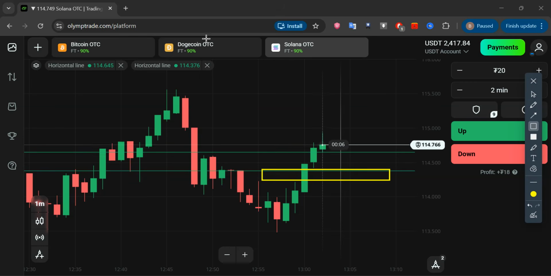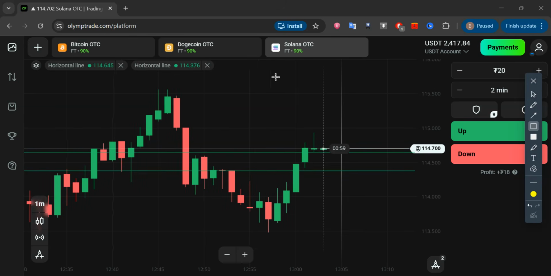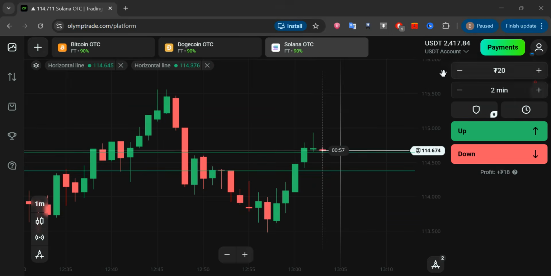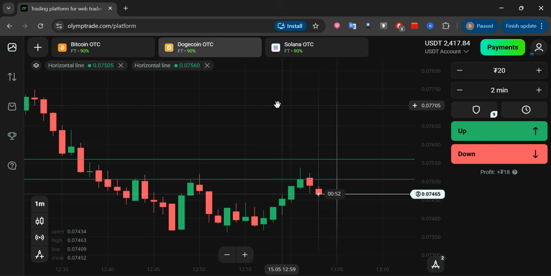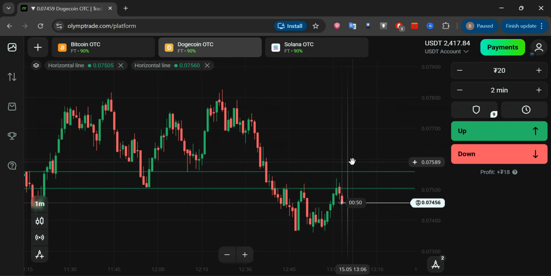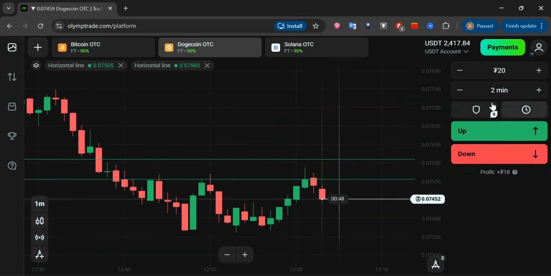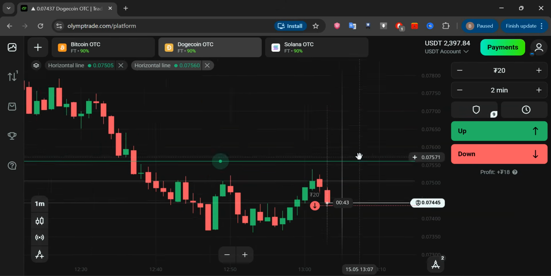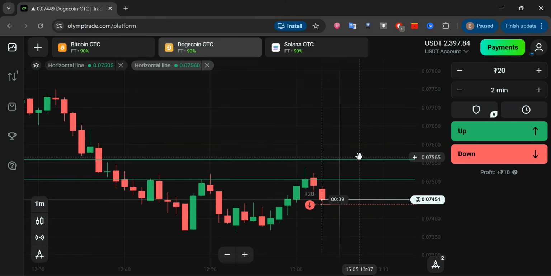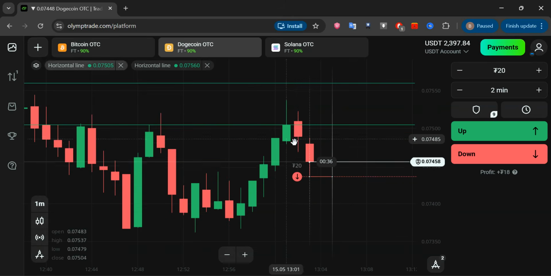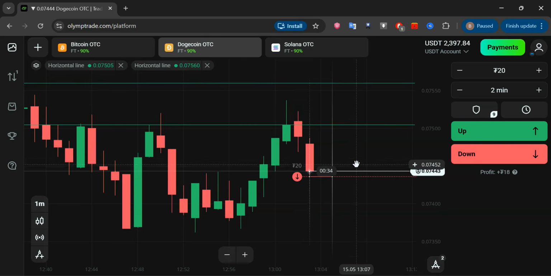So let's wait for the closure of that. So that's the retracement that might come. Strong level. We expect some down movement for the next 2 minutes if we close below the area after rejection.